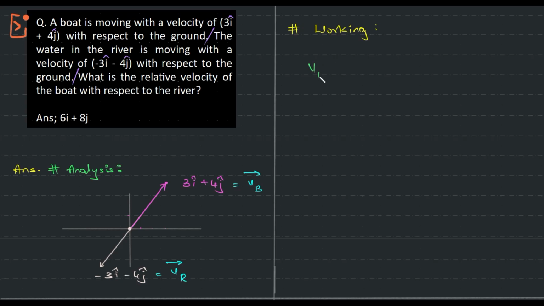Velocity of boat with respect to river is velocity of boat with respect to the ground minus velocity of the river with respect to the ground. So this will be 3 i cap plus 4 j cap minus of -3 i cap minus 4 j cap. So when we add this, we'll get 6 i cap plus 8 j cap. That's it. Meter per second.